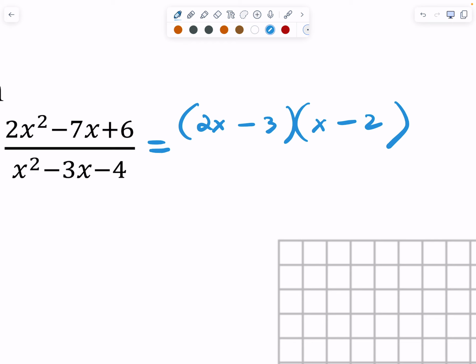Because minus 4x minus 3x would be negative 7x. And then in the denominator, we would have minus 4 plus 1.